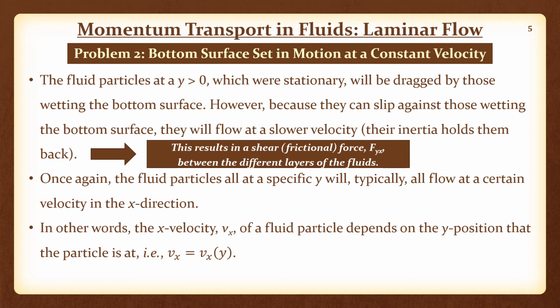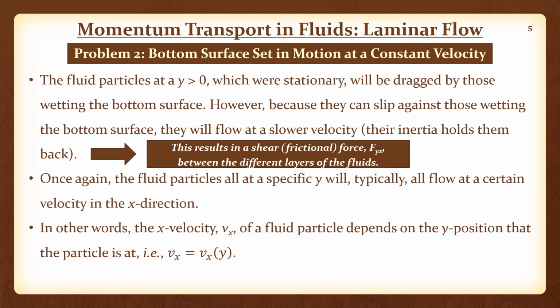So consider a particle at y equal to 0, 0.1b, 0.2b, 0.3b, 0.5b, 0.9b, y equal to b, which is the top plate. Where is the fluid particle located relative to the two surfaces?